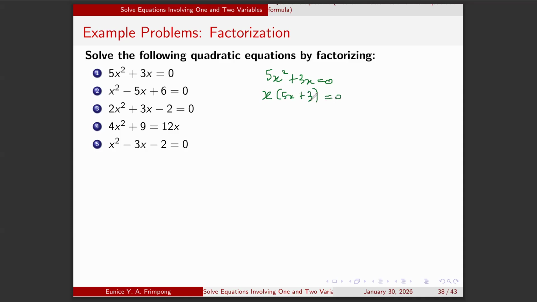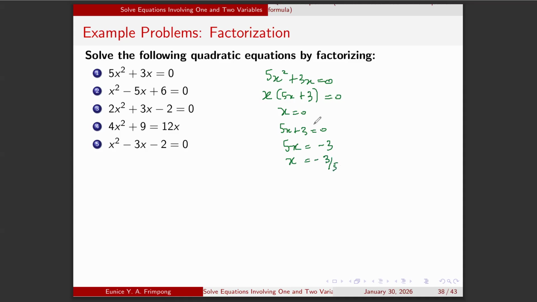Because indeed, if I multiply this x back into this bracket, I'll get back 5x squared, and I'll get back 3x. So what does this mean? For x times 5x plus 3 to be equal to 0, it's either x is equal to 0 or 5x plus 3 is equal to 0. Then let me solve 5x plus 3 equals 0 to see what x is. Here I have 5x equals minus 3, and then x equals minus 3 over 5.